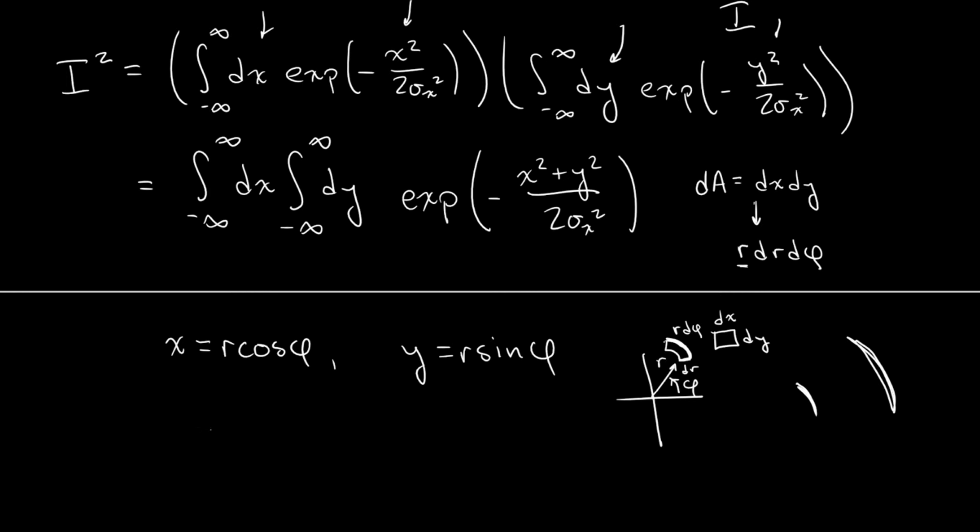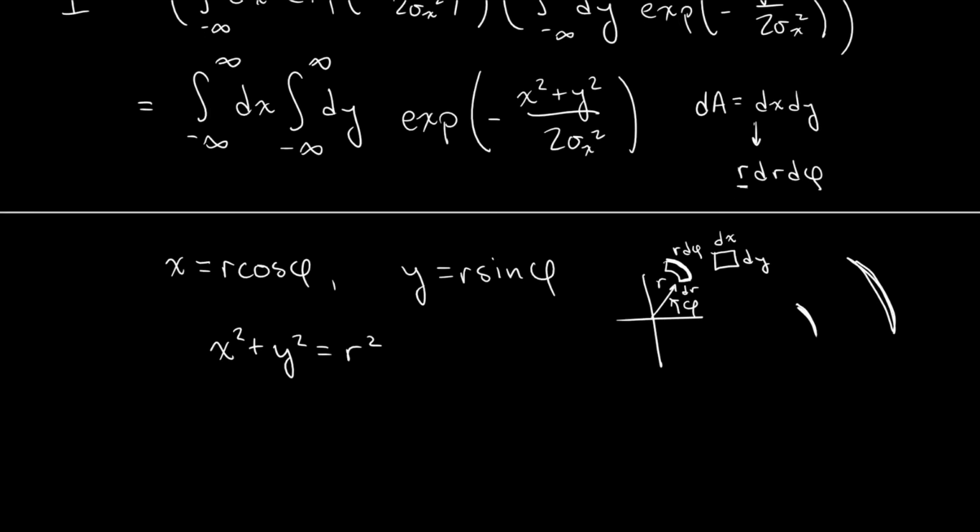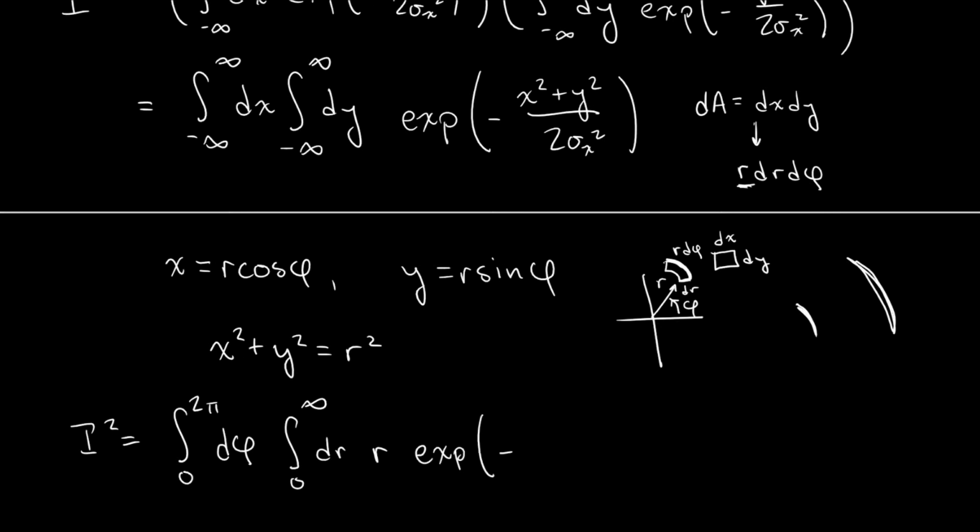So all that said and done, x squared plus y squared is just r squared. And so the square of my integral is, I'm going over all of my two-dimensional space, so 0 to 2 pi for d phi, 0 to infinity for r. I have to include this factor of r here, times exp minus r squared over 2 sigma x squared.